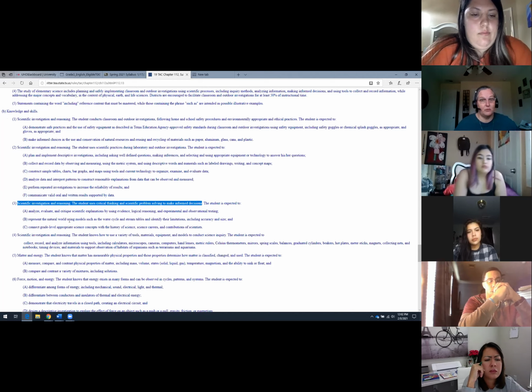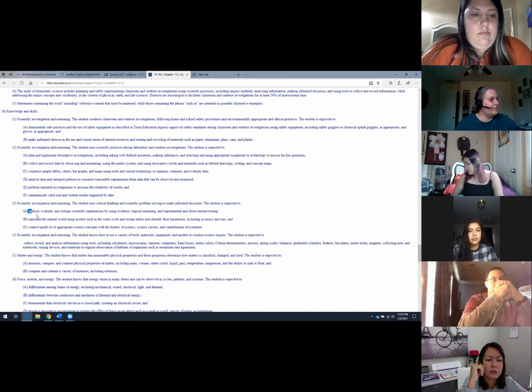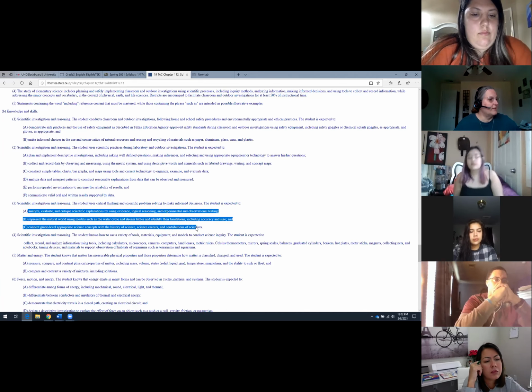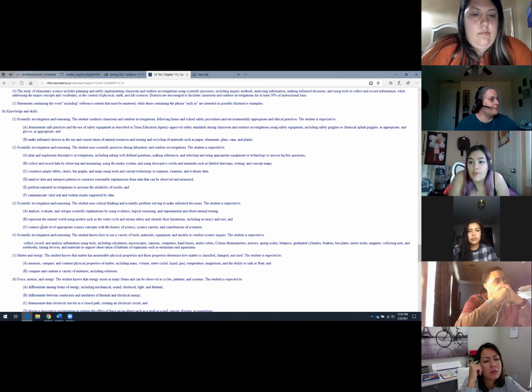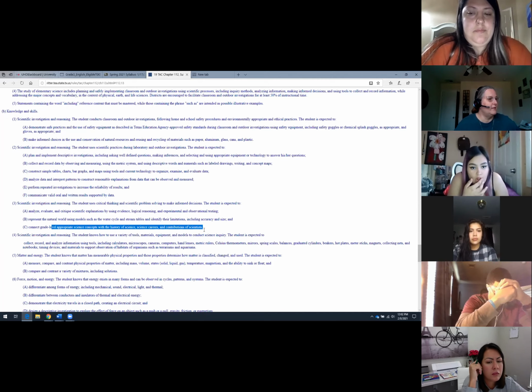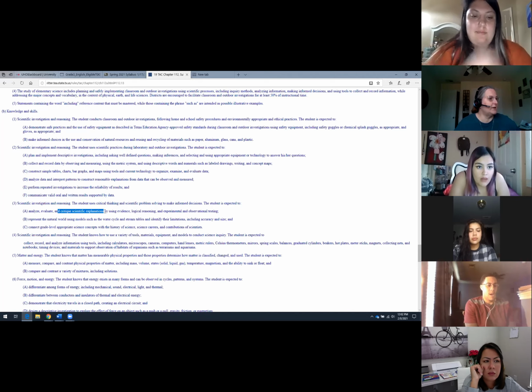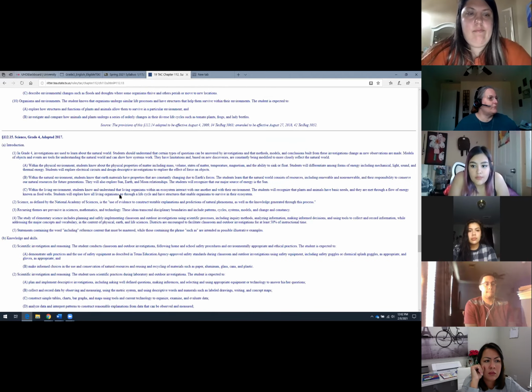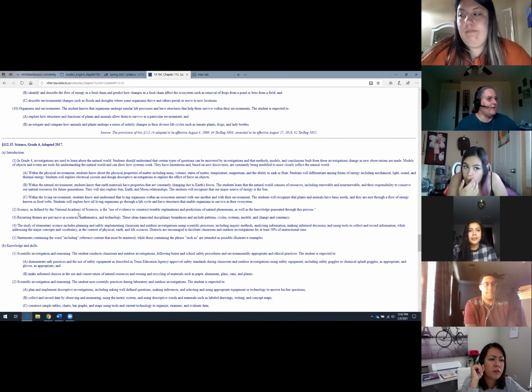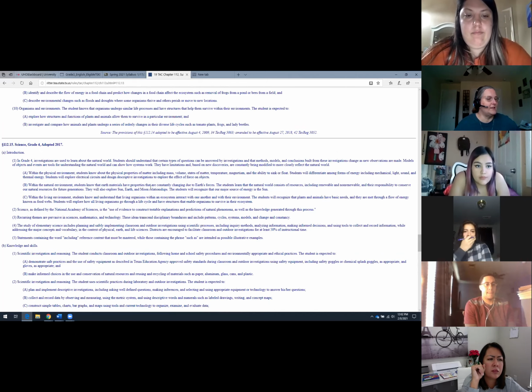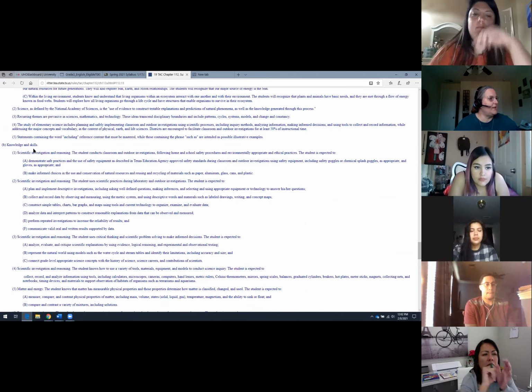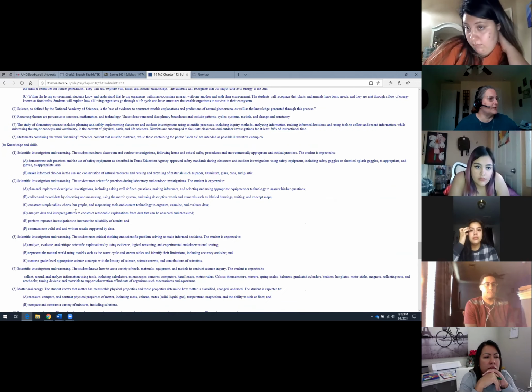Now, how are they going to do that? Underneath are the specific things that they are going to do. Connect grade level appropriate science concepts with the history of science, for example, or analyze and critique scientific explanations using logical reasoning. So if you just remember, this is like an outline. A are your general ideas, and then B is your actual knowledge and skills.